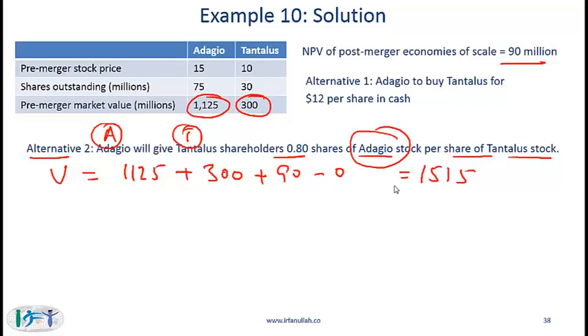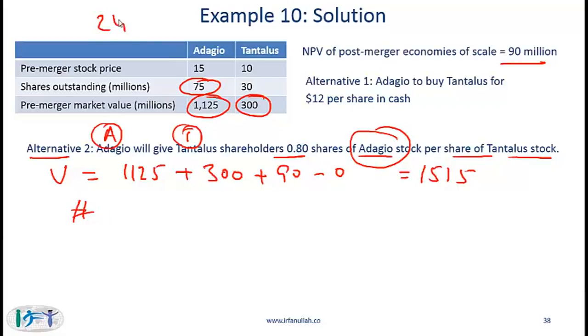This is the total value of the firm, but how many shares outstanding do we have now? Originally, A had 75 million outstanding, but to buy T, the company had to issue more shares. Right? How many more shares did A have to issue? So it had to issue 24 million more shares.